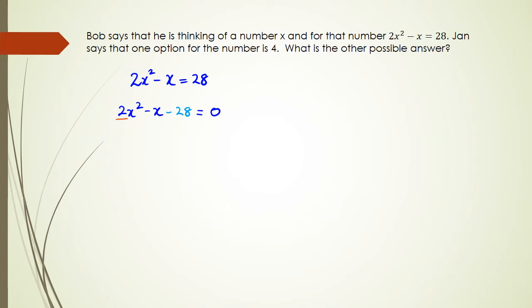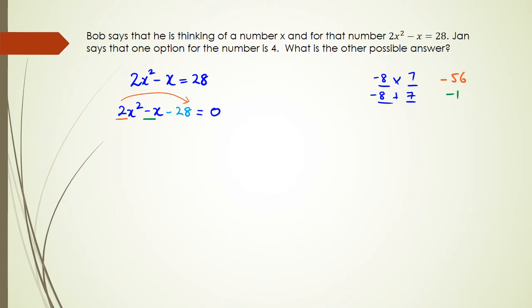So that's the a value that I've just colored, which is 2. The first step is looking at 2 times negative 28, which is negative 56. What we're looking for is two numbers that multiply to negative 56 and add to negative 1. The two numbers are negative 8 and positive 7, because that's what adds up to negative 1.